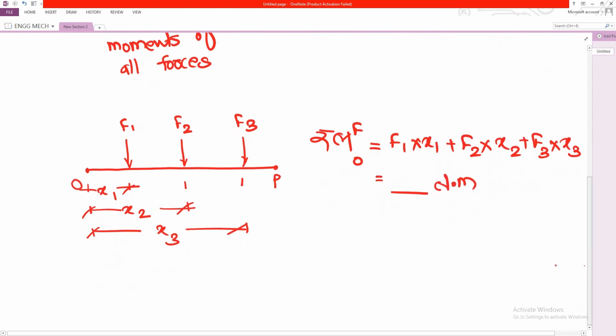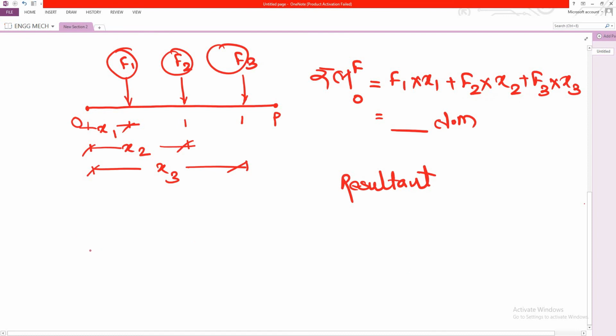Then we can apply Varignon's theorem to the given diagram so that we can replace these three forces F1, F2 and F3 by a single force which is called the resultant, and this resultant will replace this system of forces. And after drawing the new diagram, we will see only a single force, let's say R, at some distance x with respect to point O.